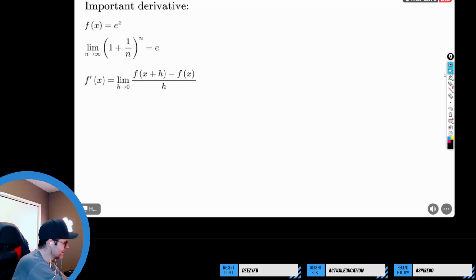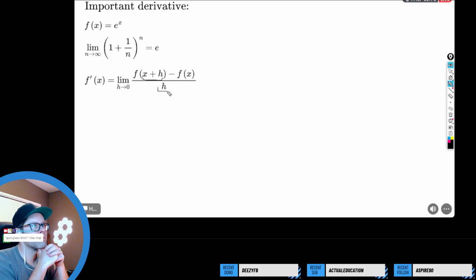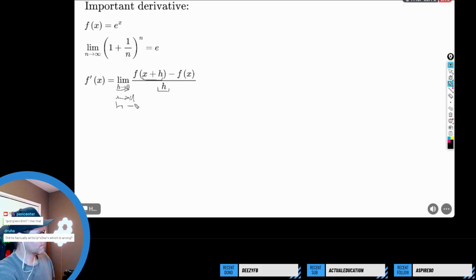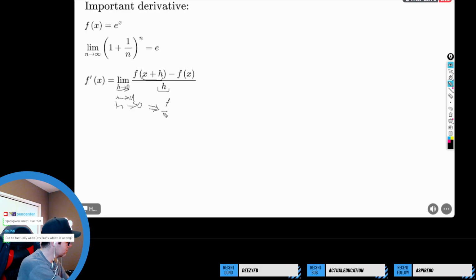Now, I will actually prefer to use it with an h, because in here we're using h approaches 0, and in here we have n approaches infinity, so it will be nicer instead of x to a to have h to 0, because we can easily make it a 1 over h or something and get approaches to infinity like you want to.